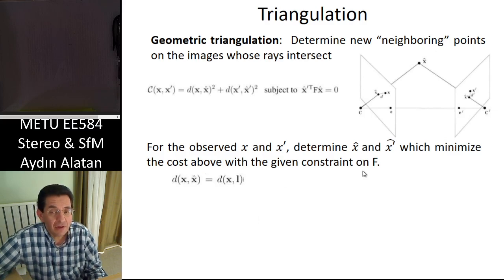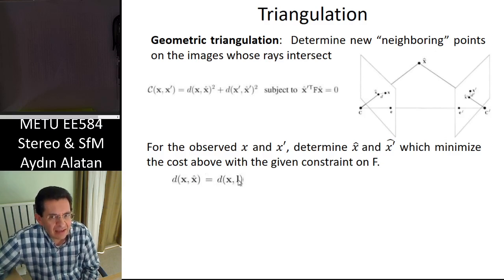Therefore, the trick here is, since they exactly satisfy it, x is generating an L prime on the next image, and x prime is generating an L. This is generating an L, this is generating an L prime, and x cap prime is generating L.